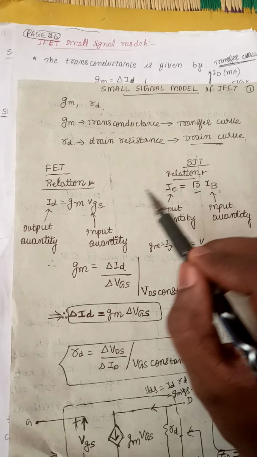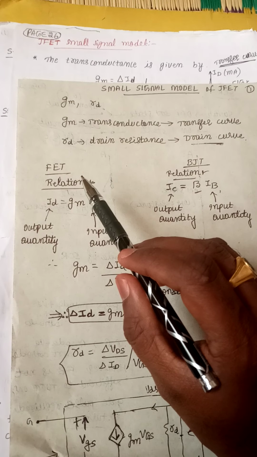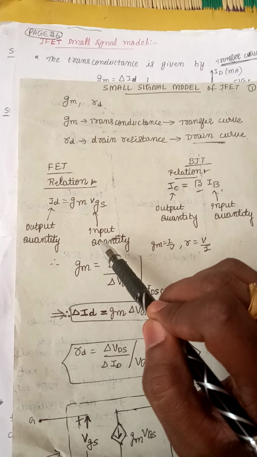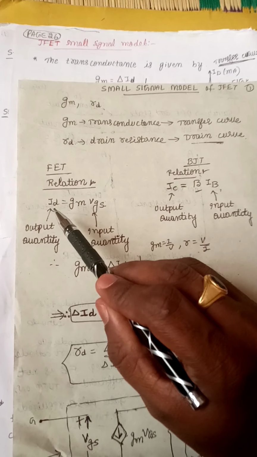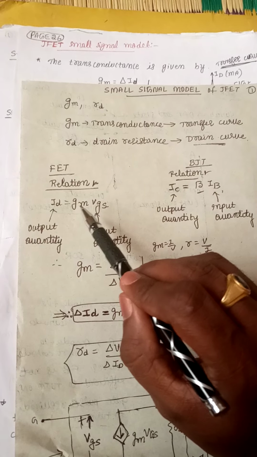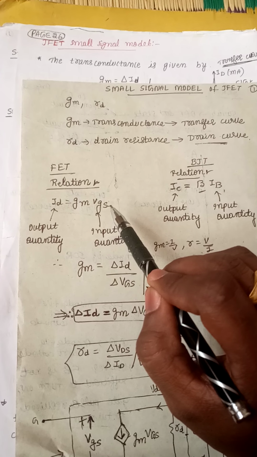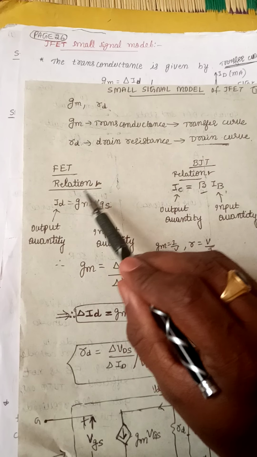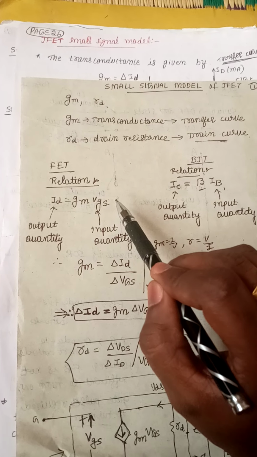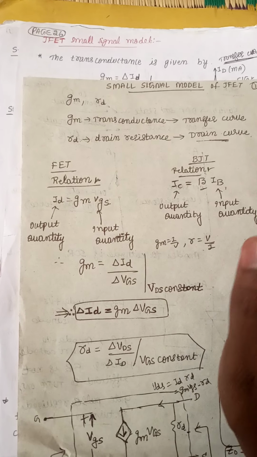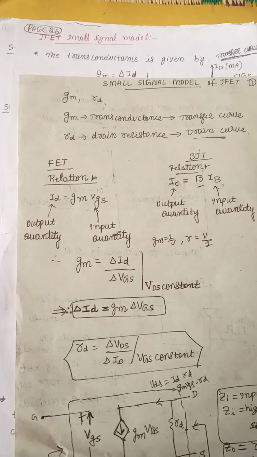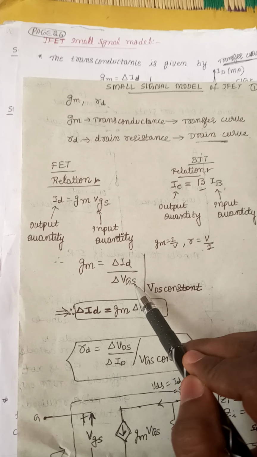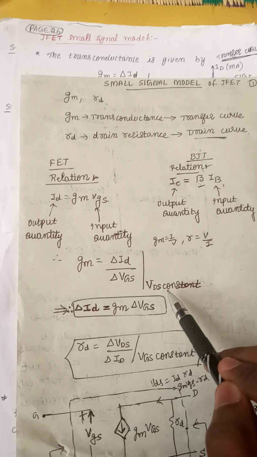In a similar way, in FET, you have to derive the relation between output quantity and input quantity. The output quantity, drain current, is equal to transconductance into VGS. That is, the drain current depends on the input quantity, gate to source voltage. Therefore, transconductance is equal to ID by VGS, keeping VDS constant.